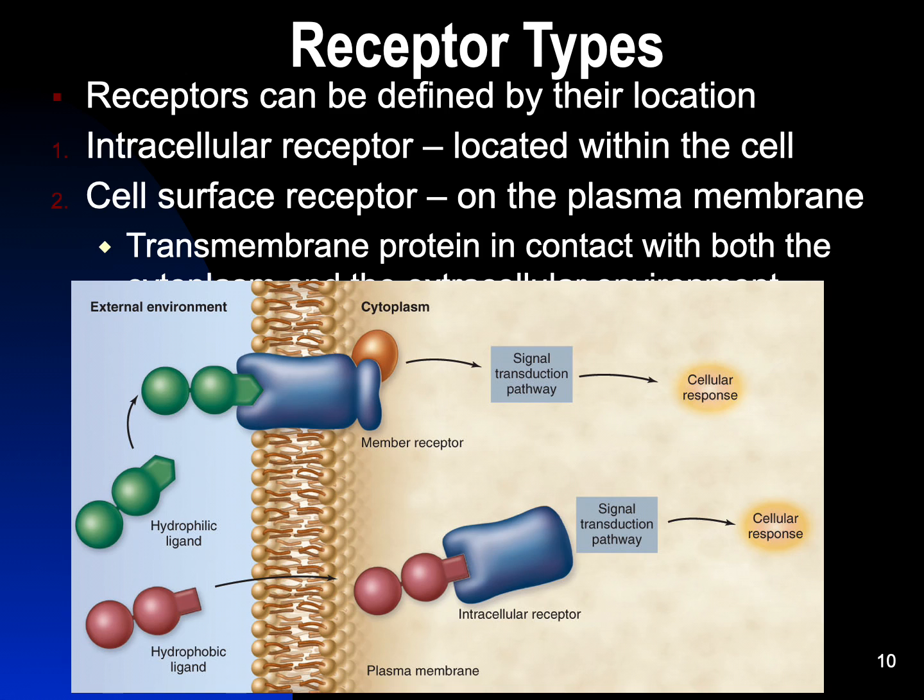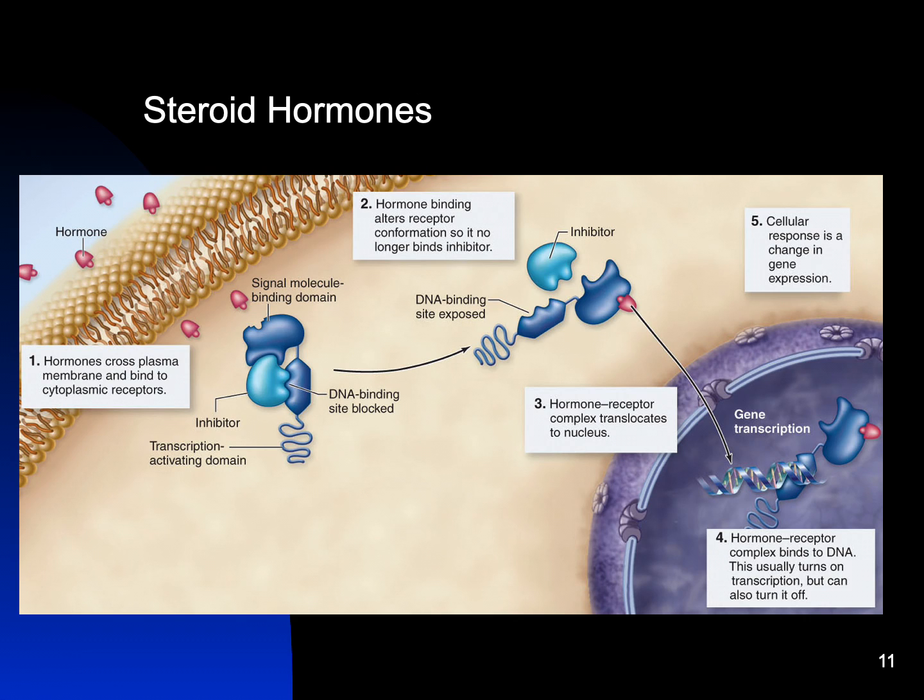Okay, so I've already talked about the cell surface receptor, but let me talk about the cytoplasm receptor inside the cell. The receptor is waiting, and the molecule must cross the plasma membrane so that it can bind to the receptor that's in the cytoplasm.